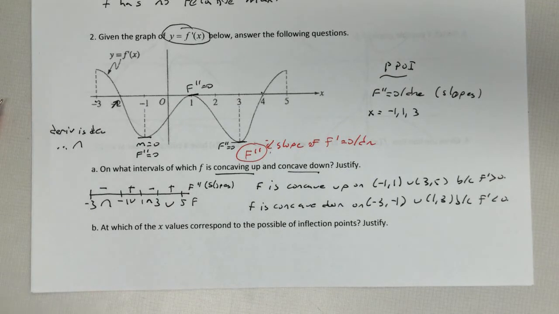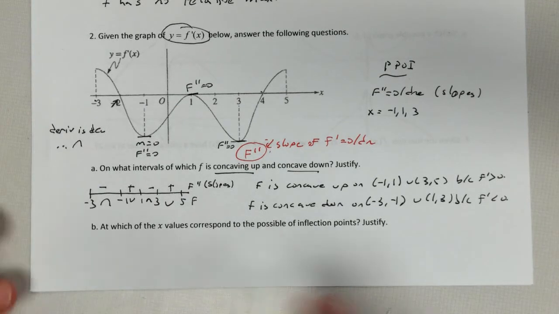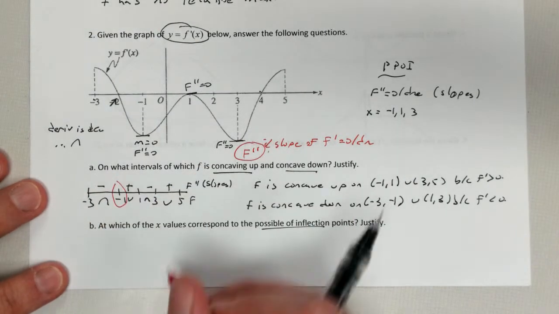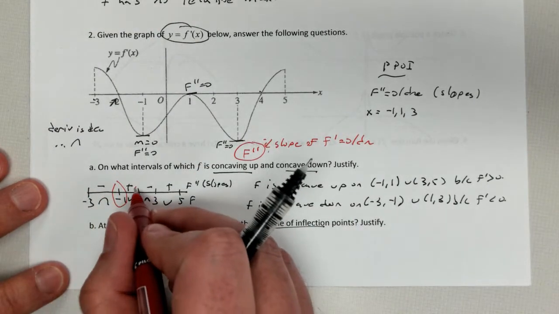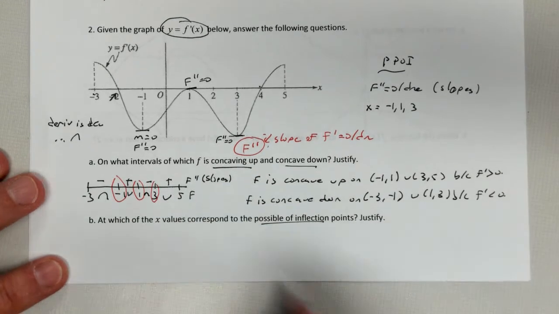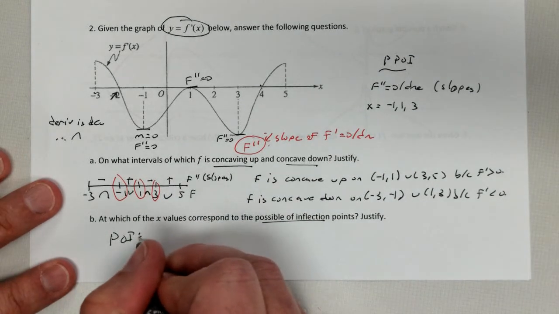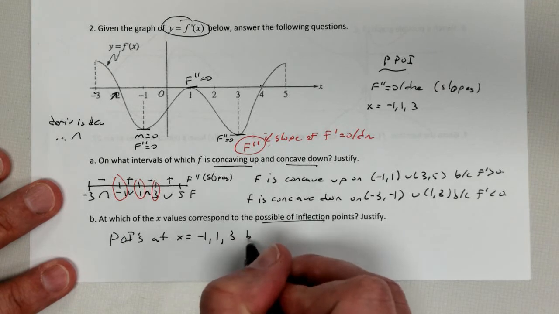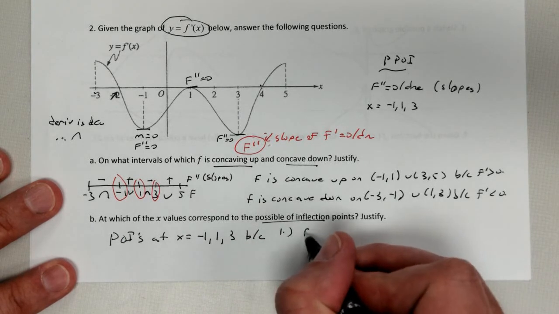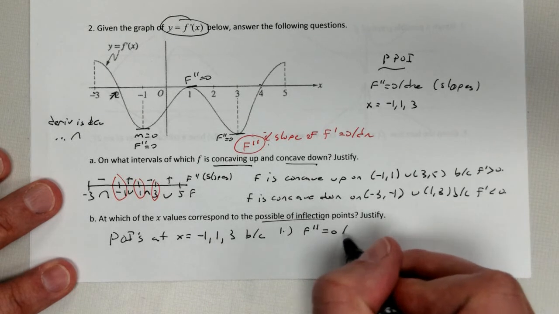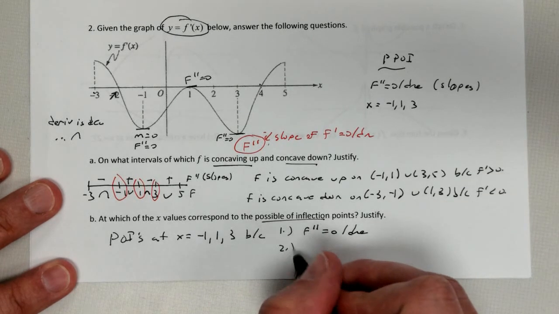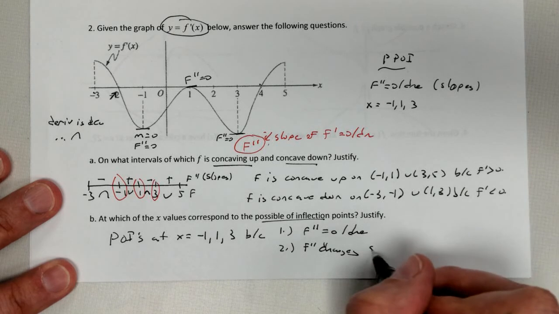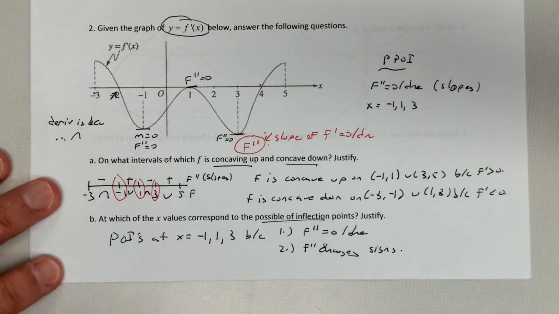And next it says, do we have any points of inflection? Well, that's where our concavity changes. At negative 1, we go from negative to positive, 1 and 3. So we can say we have POIs at x equals negative 1, 1, and 3, and that is because of two reasons. One, the second derivative is 0 or DNE, and two, the second derivative changes signs. And there we go.